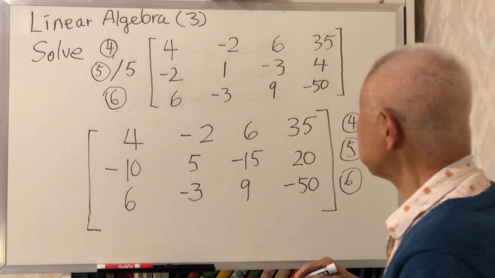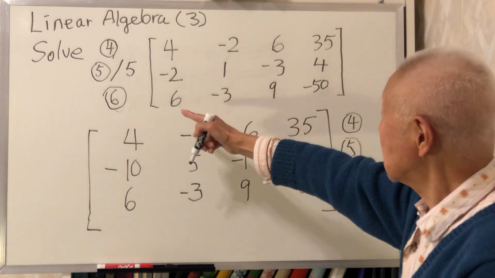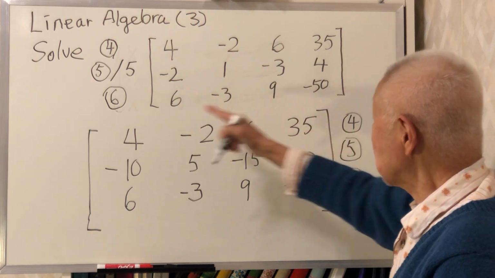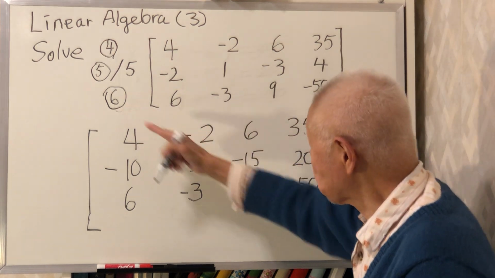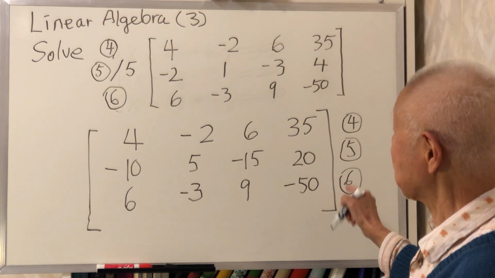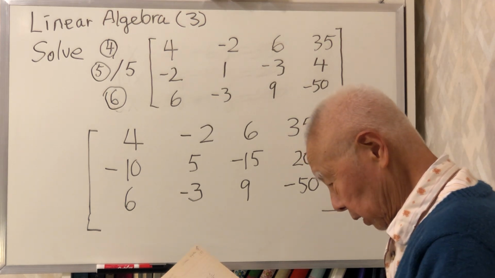This row is still my row 6. Row 6 is still my row 6.